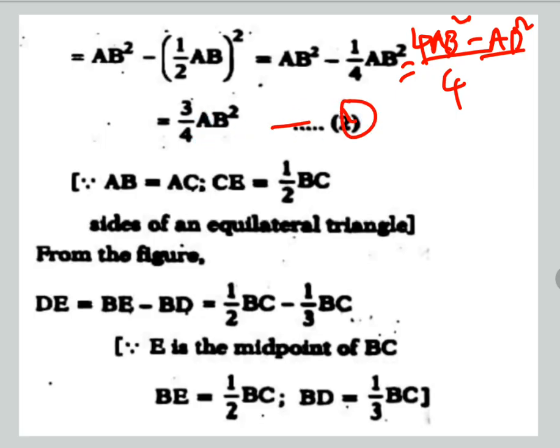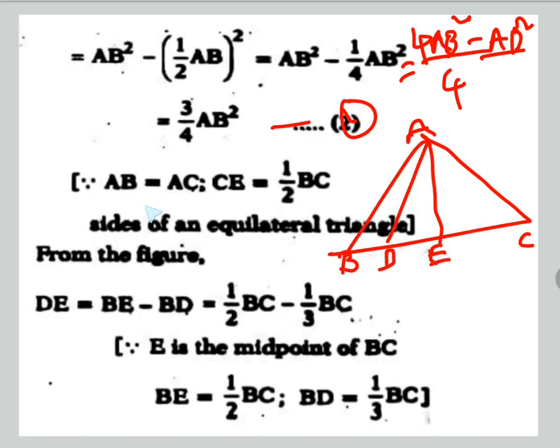This is number 2. AB is equal to AC. CE is equal to 1 by 2 BC, the midpoint, 1 by 2 BC.